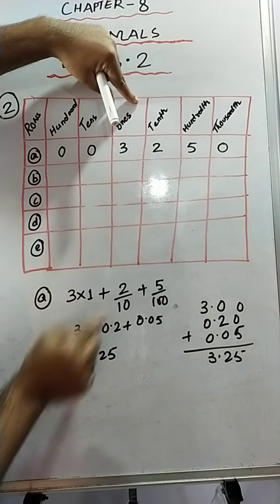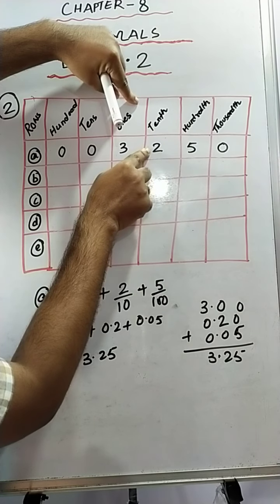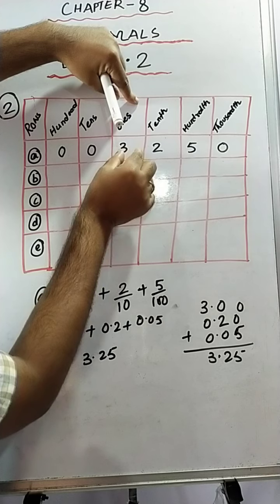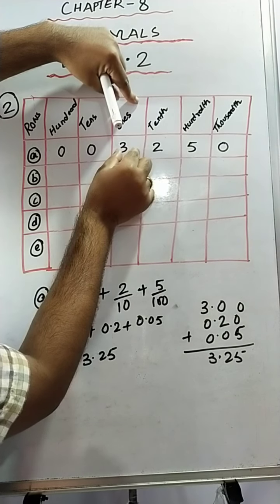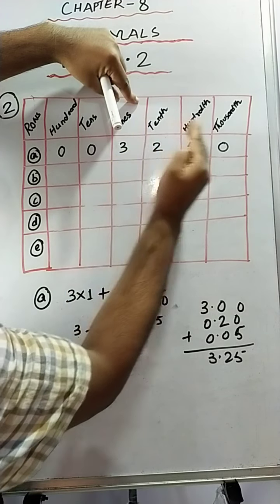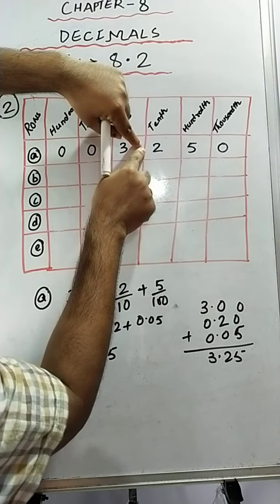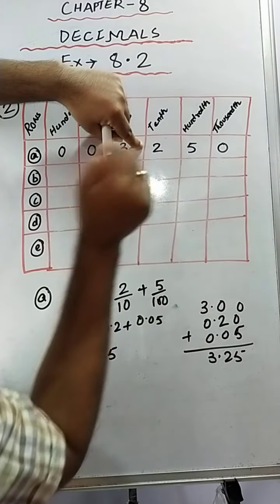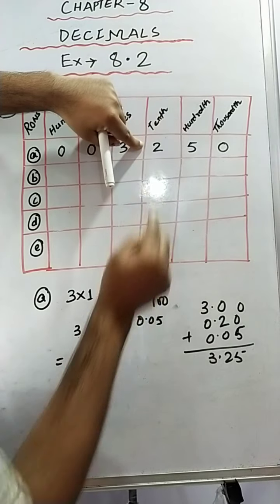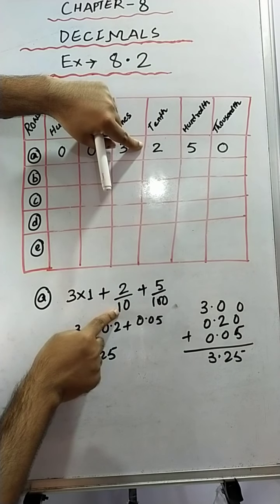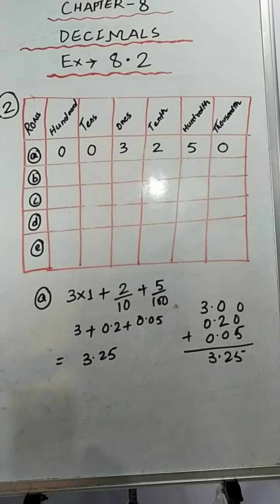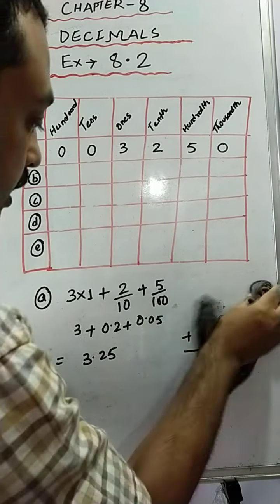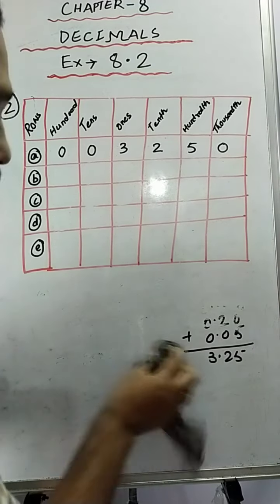From here the decimal starts, the tenths. If you proceed towards the right-hand side, from this position the decimal point will start. That is 3.250, because from tenths we divide the digit by 10. Now we can do all the other sums very easily. We do not have to take this long route.